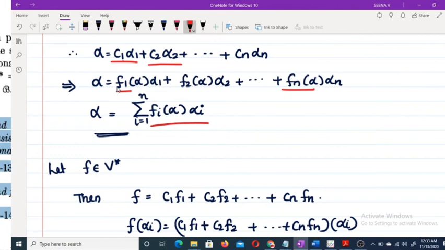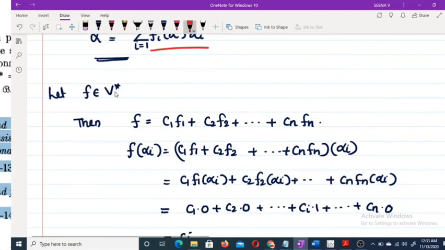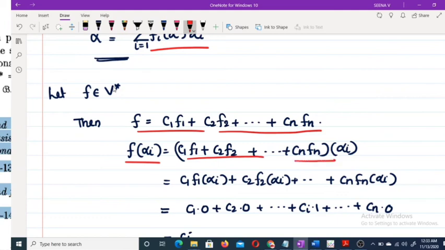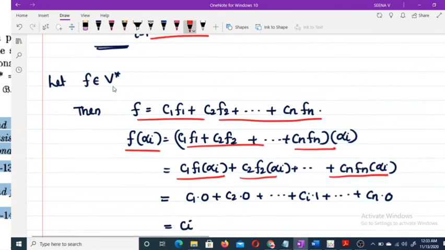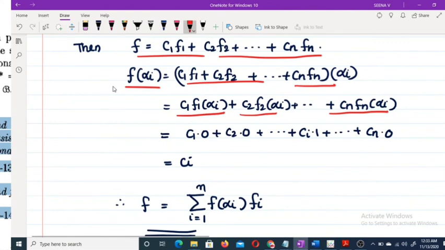Now, last step. Suppose f belongs to V star, then as f1, f2, etc., fn is a basis, f you can write as a linear combination of f1, f2, etc., fn. Now, f of alpha i equal to this of alpha i, and that's equal to c1 f1 of alpha i, c2 f2 of alpha i, etc., cn fn of alpha i. fi of alpha i is 1, and for all other i's that is 0.